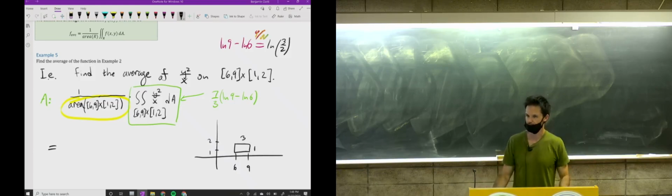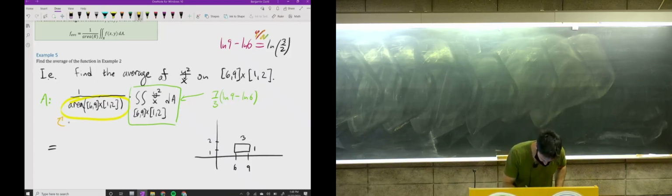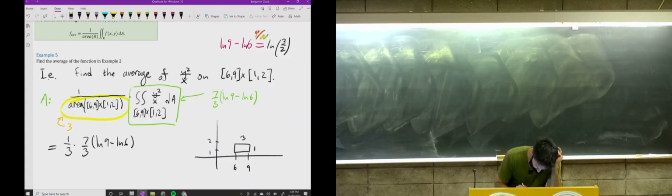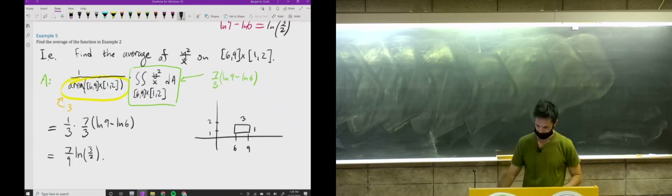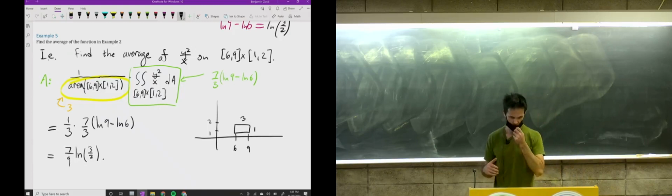So the area is 3. Good. Yes, the area is 3. So the answer will be 1/3 of 7/3 times ln 9 minus ln 6, or if I simplify that using log properties, 7/9 times ln of 3/2. Cool.